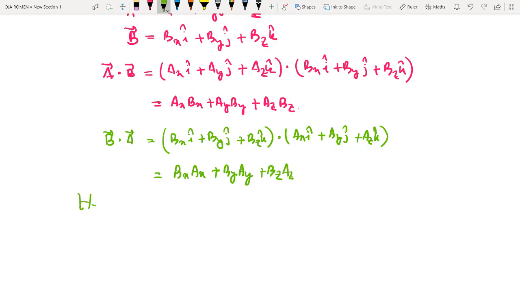Hence A dot B is equal to B dot A because they are scalar products.